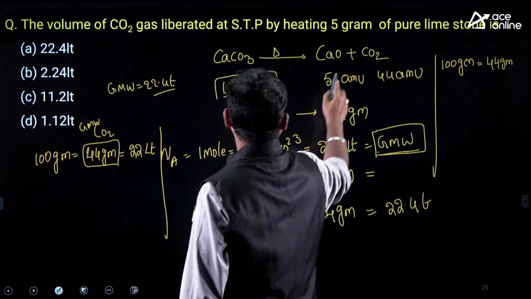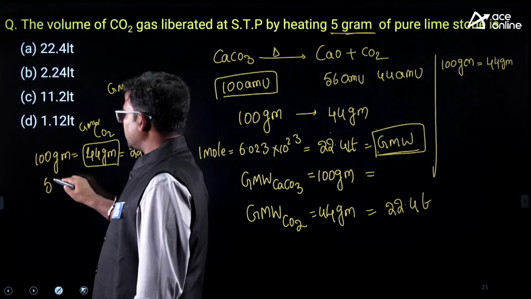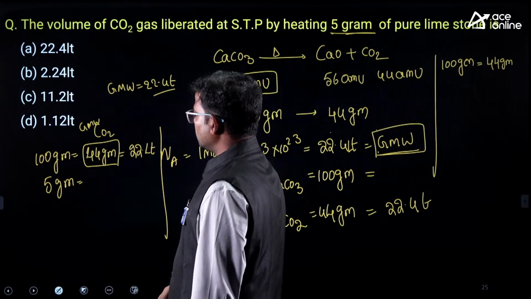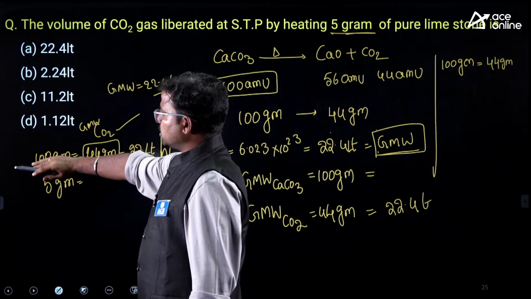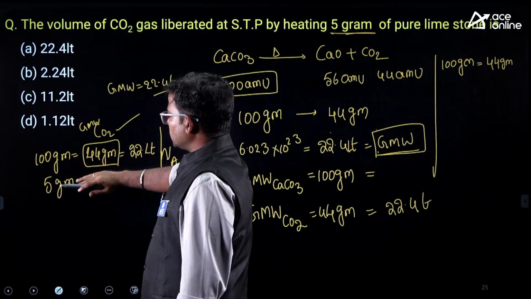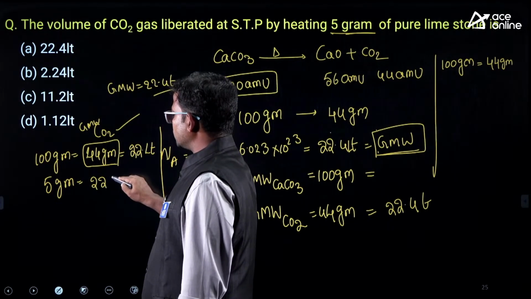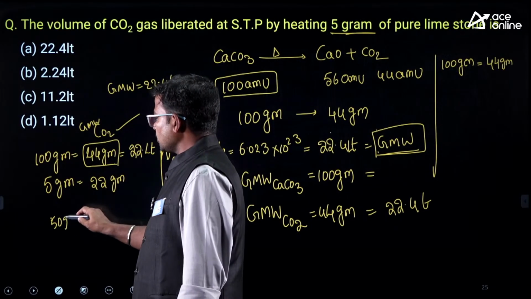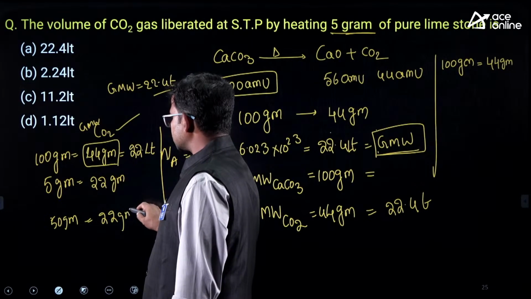Okay, so next, suppose you consider 5 grams of pure limestone. How much carbon dioxide can form? What is half of 100? 50. So for 50 grams we can get 22 grams of carbon dioxide.